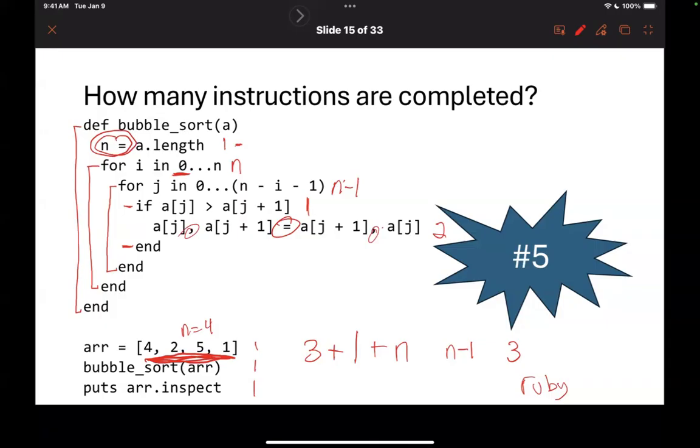The inner loop, if we put i as 0, that gives us n minus 1. So that very first time we go through the inner loop, we're doing something n minus 1 times. And it'll get smaller as we go. So first we are doing it 3 times, the next time twice, the next time once.